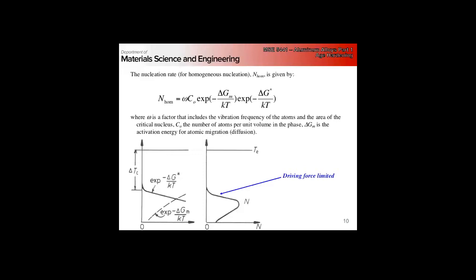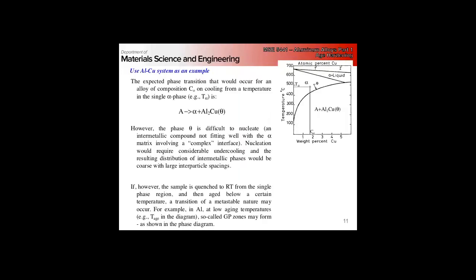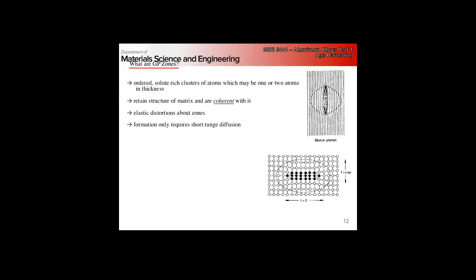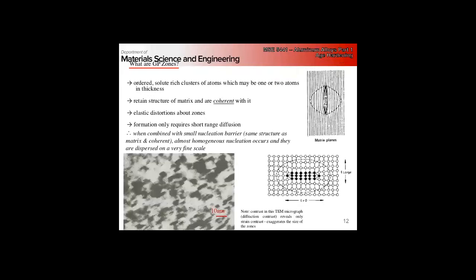So that gives us a maximum of the nucleation rate at some undercooling. General GP zones, directions: why does aluminum copper give you platelets?